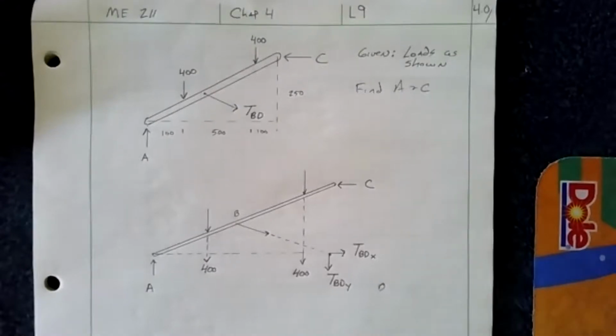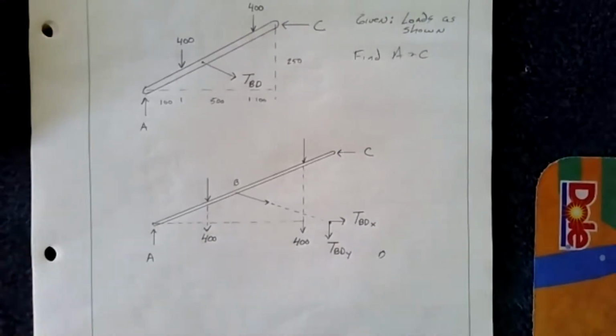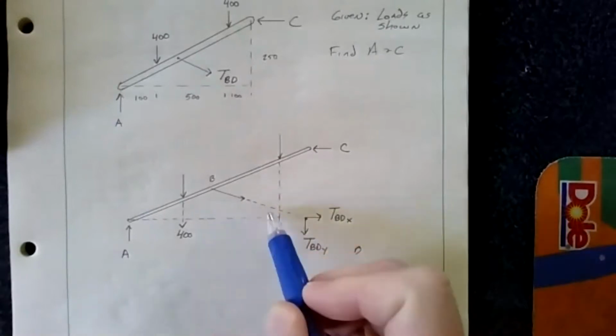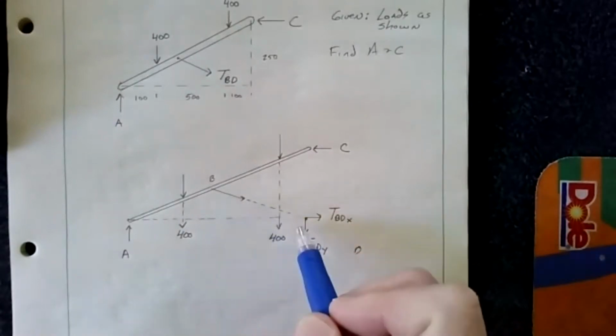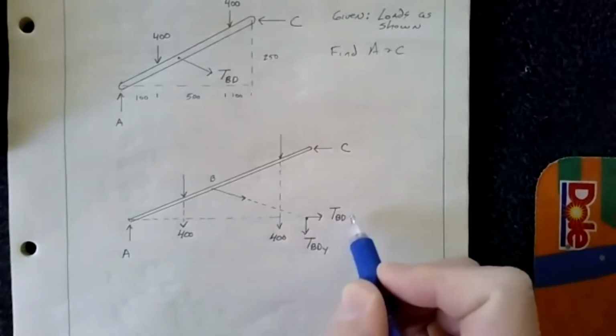Now, backing up a little bit, one of the things we want to be able to do is, because TBD is a tension in a certain known direction, we know that we can relate the X and the Y component to each other due to the triangle.